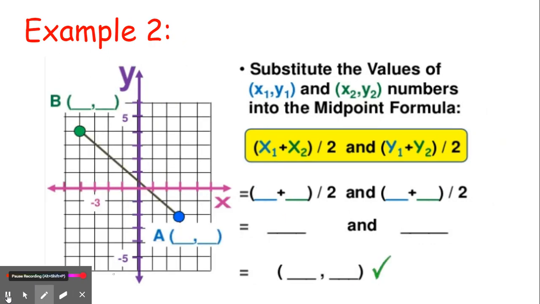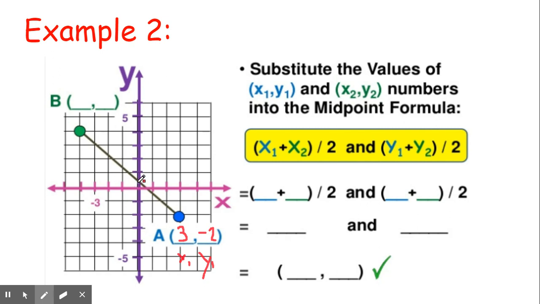Okay, let's look at example 2. On this one, we have to write the ordered pair and label it. So for this one, we're going to have 3 as your x value. And then you go down, that's 2, so that's a negative 2. Then that's x1, y1.